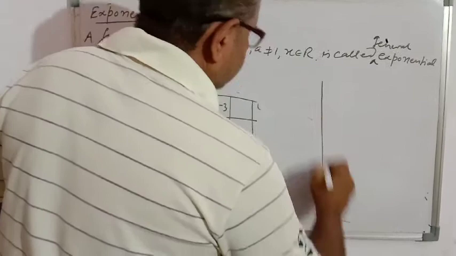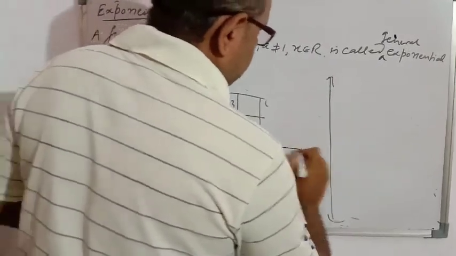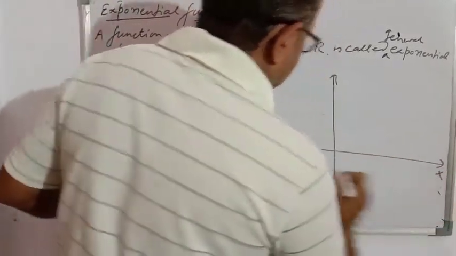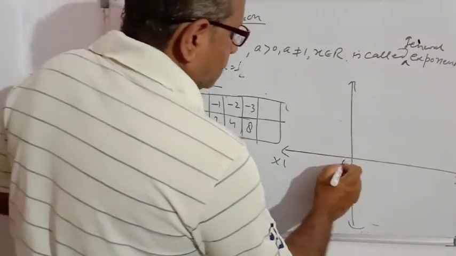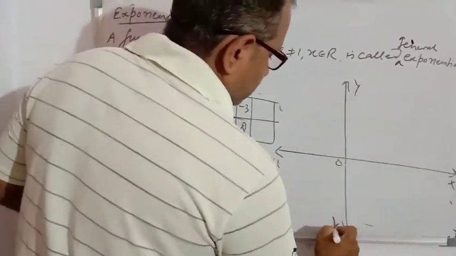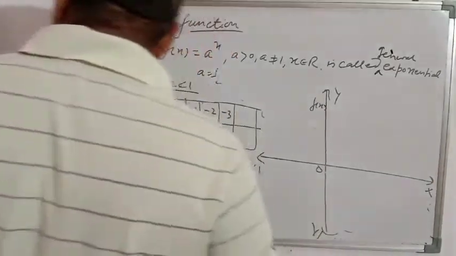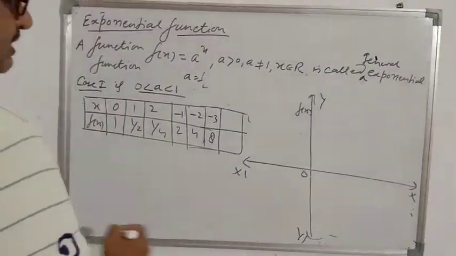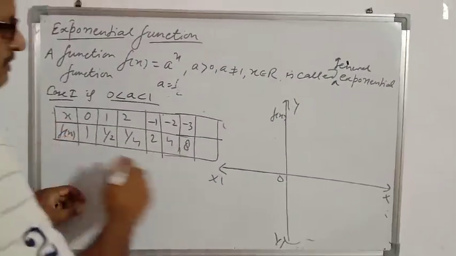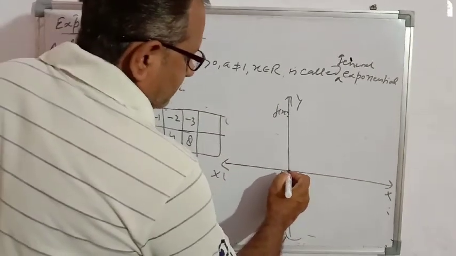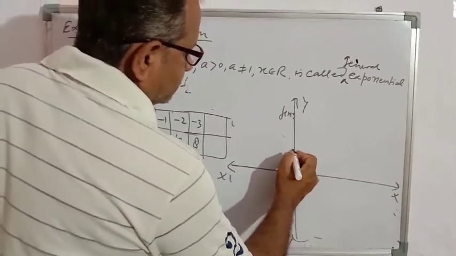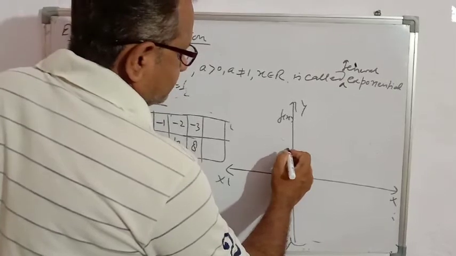Okay. So how will we plot the graph? See the graph. On the y-axis we have to take f(x). On the x-axis we will take the values of x. At x = 0, the value is 1. So again we see that at 0 the value is 1.